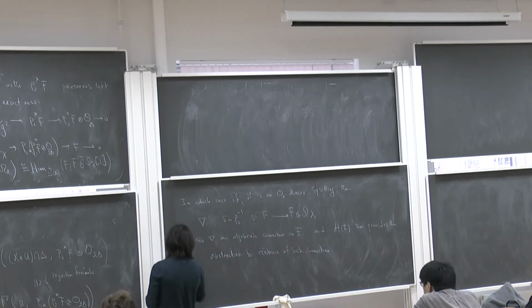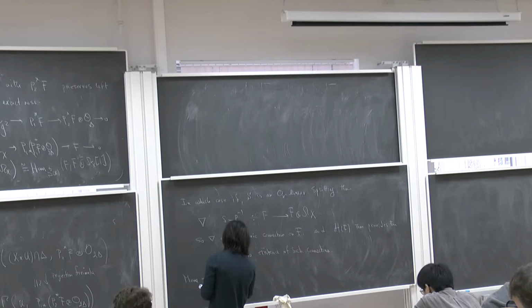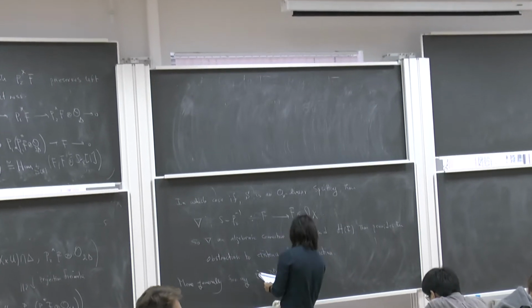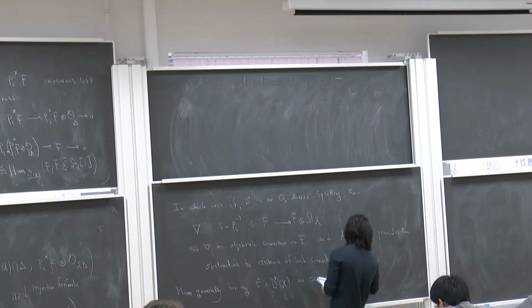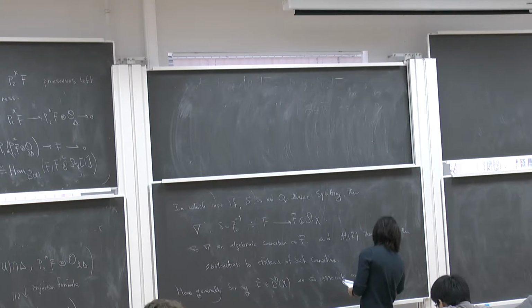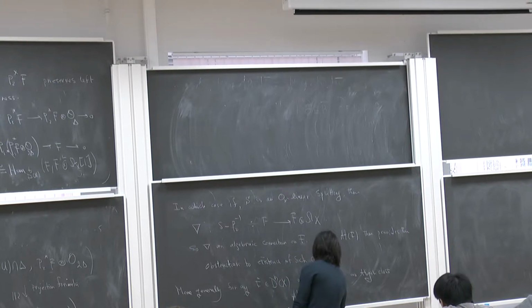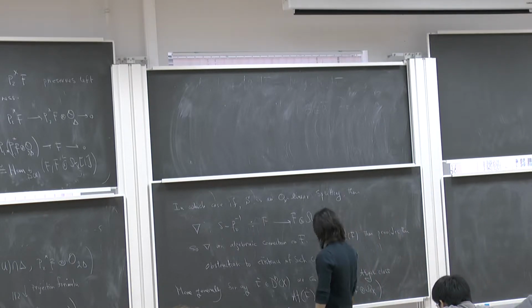So more generally, for any F dot, an object in the bounded derived category of X, we can associate an Atiyah class, which we write like this, and again it's an element of Ext^1 on X of F dot with F dot tensor omega of X. So this is the classical Atiyah class for objects in the derived category of X.